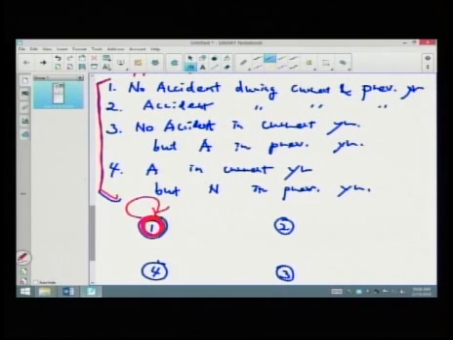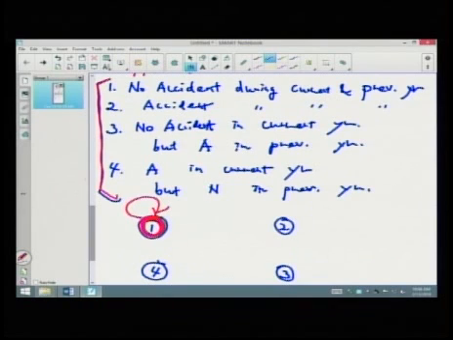Is that correct? So this transition occurs, right? So what probability is that? I want you to go back to the problem description.